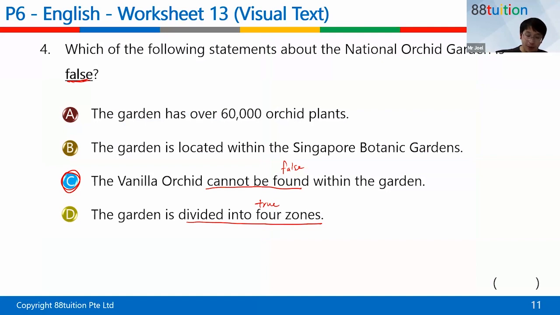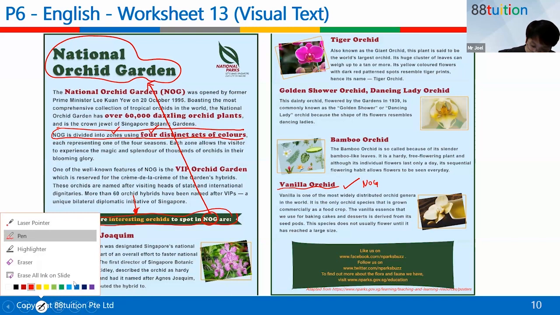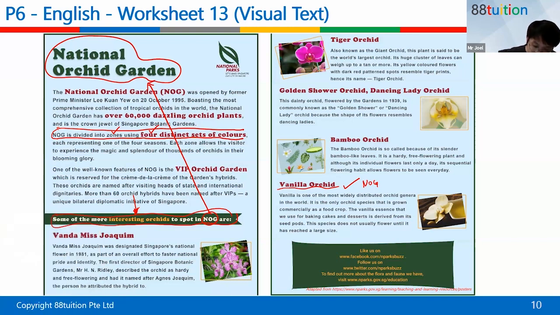How about B? Some of you gave me B as well. Why is B true? The garden is located within Singapore Botanic Gardens. How do we know that is true? National Orchid Garden is within Singapore Botanic Gardens. So it's over here. I'm going to use a different color so that it doesn't clash with the rest. I'm going to use purple. So here, what does it say?